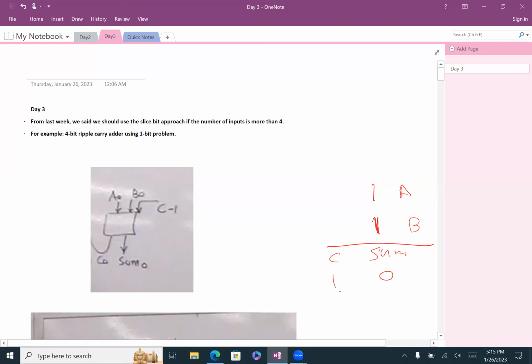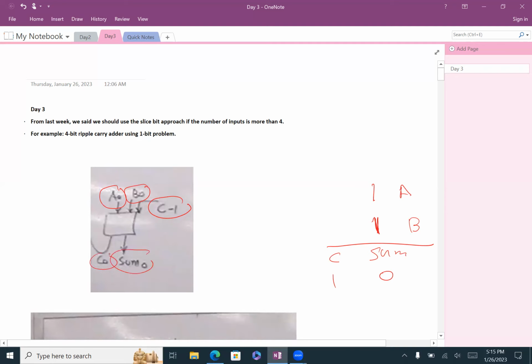So you always have 2 inputs and 2 outputs. However, if you're using 4 bits or 2 bits, there is still a carry coming in from the stage before. So for the 1-bit adder, how many inputs will you have? You will have 2 and you will have C1, correct? That's the carry from the previous stage, from stage 1. And you will have the sum and carry.